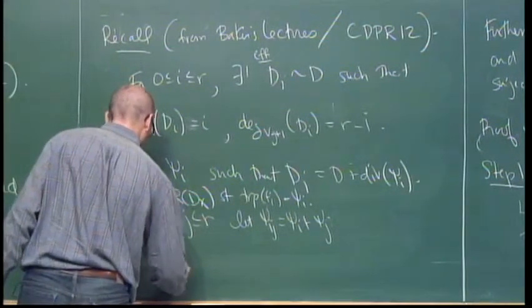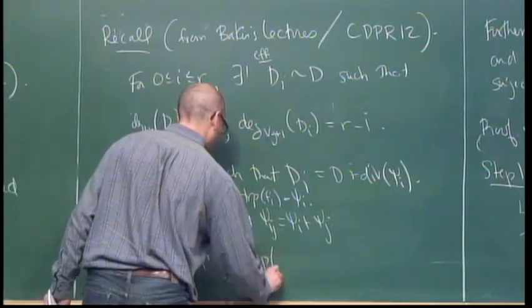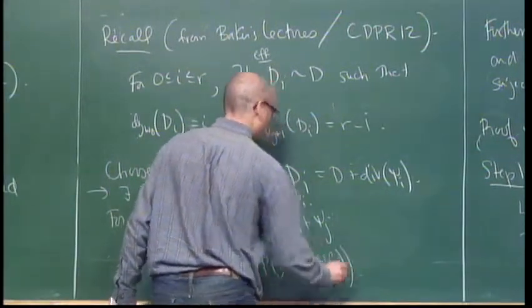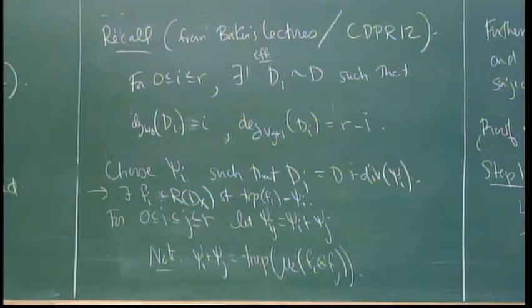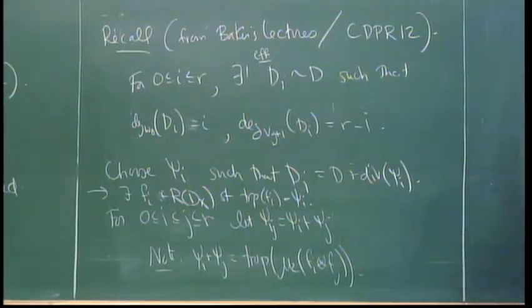And you note that psi_i plus psi_j is the tropicalization of mu_2 applied to f_i tensor f_j, or the image of f_i tensor f_j in the symmetric square. And so that means that we have these rational functions, f_i times f_j, which live in the image of mu_2. And if we can find enough of them that are tropically independent, then that gives us a lower bound on the rank of mu_2.